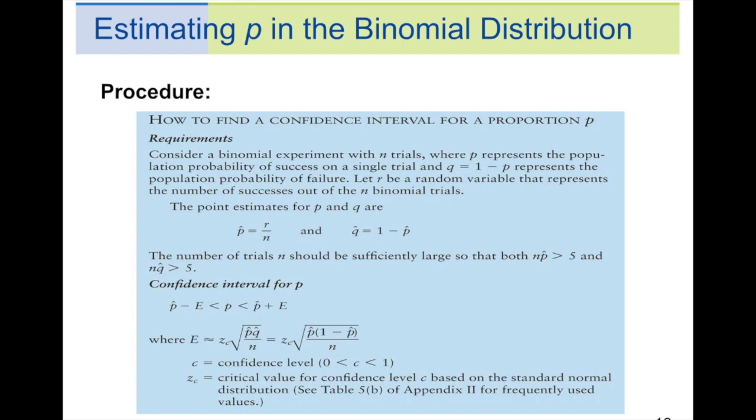C is the confidence level, where 0 is less than C is less than 1, and Z sub C is the critical value for the confidence level C based on the standard normal distribution. See table 5b of appendix 2 for frequently used values, or you can just look in the front of your book in the lower left-hand corner of the flappy thing.